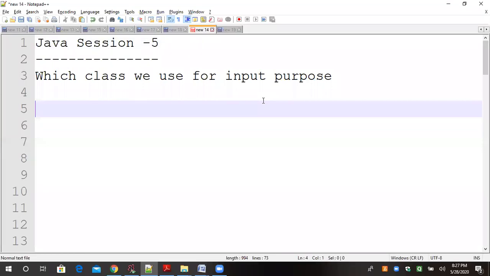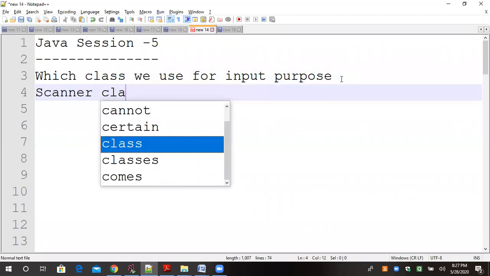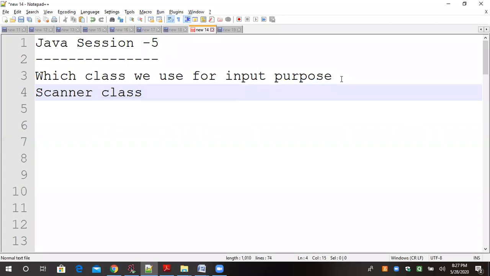We can use a lot of classes, but we have taken the example of the Scanner class. There are some more classes available in Java, like BufferedReader and DataInputStream reader, but the Scanner class is very convenient to use to take input from the user.